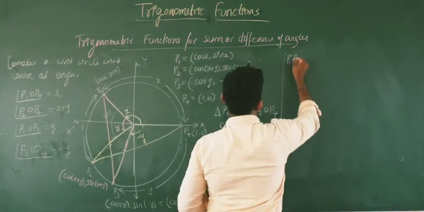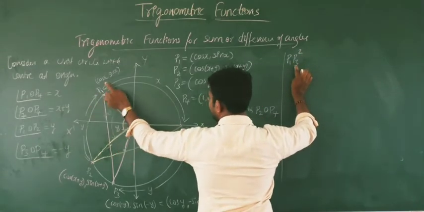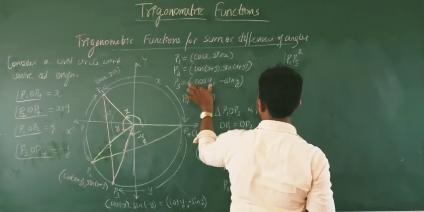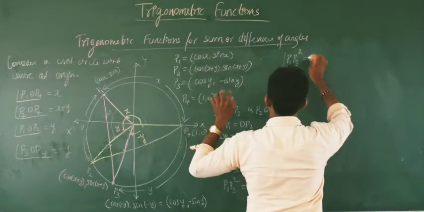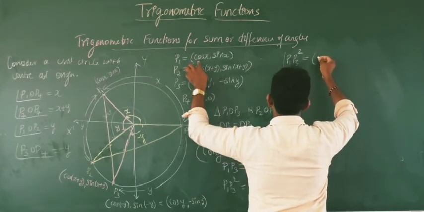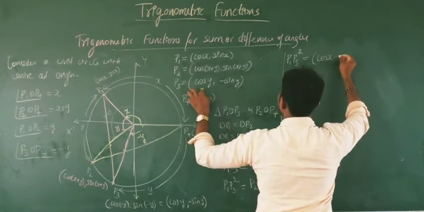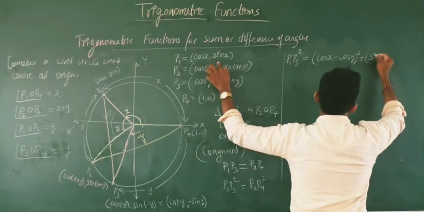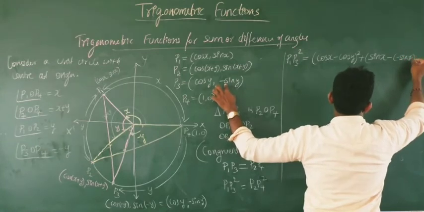Here you know the coordinates of P1 cos x comma sin x, coordinates of P3 is cos y comma sin y. So using the coordinates you can find the distance. Here there is no square root, because we already squared. So what will we get here: cos x minus cos y whole square plus sin x minus sin y whole square.